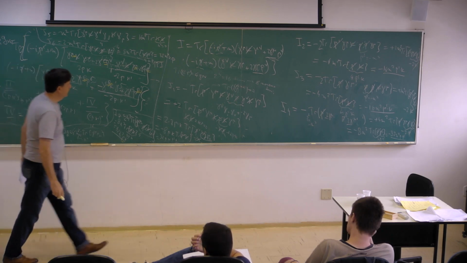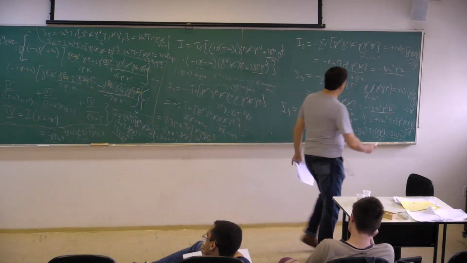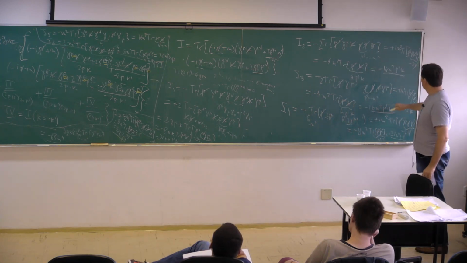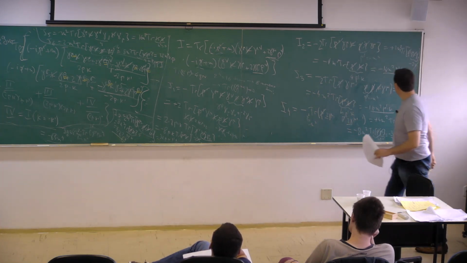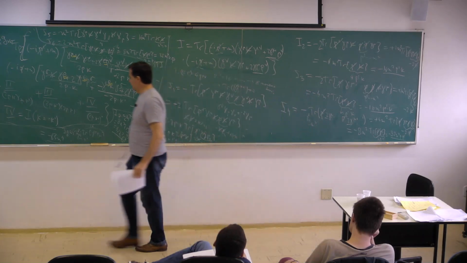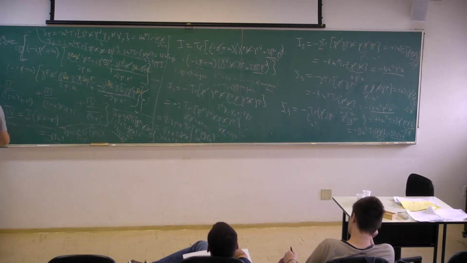Plus, I2 and I3 are identical, so minus 32 m squared p prime k, minus 32 m squared p prime k.